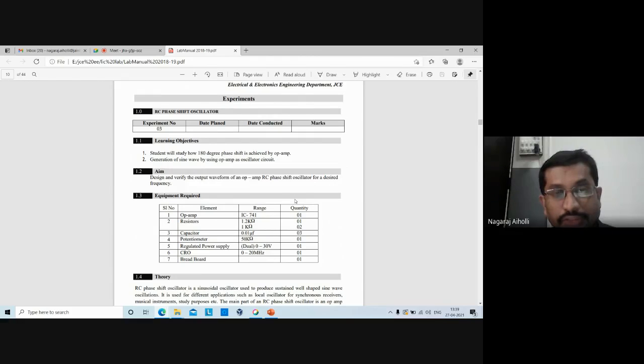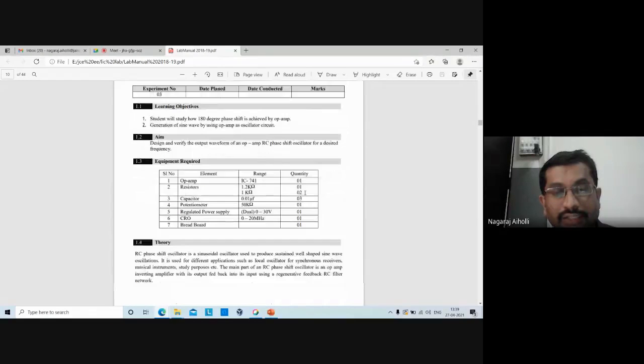But my question is, are we applying any input in the oscillator circuit? Is any input applied to the oscillator circuit? Input is not applied in the oscillator circuit.